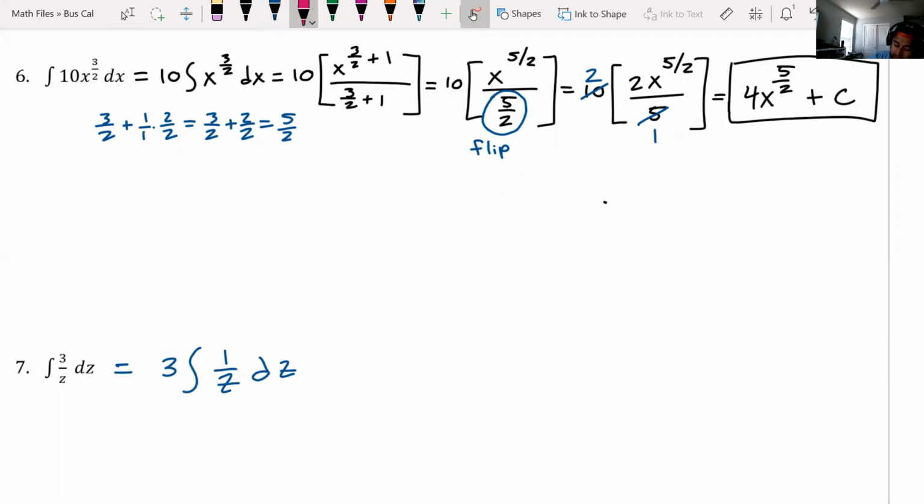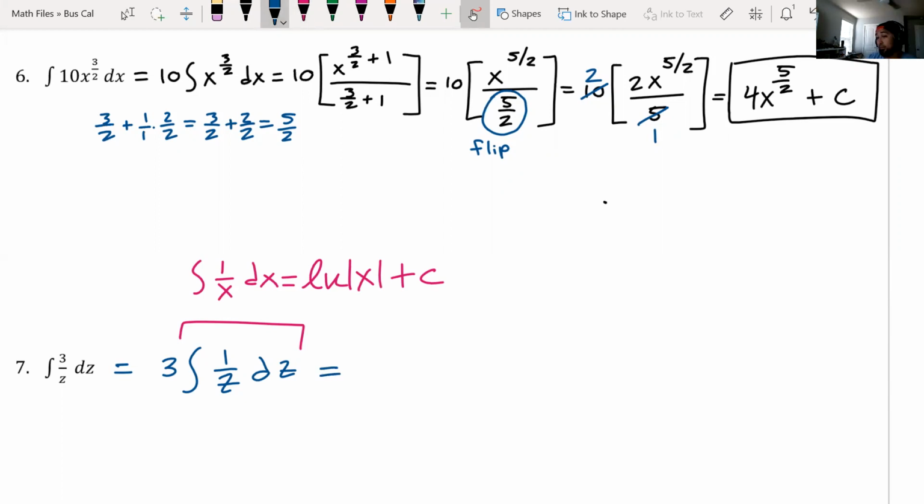Now this, I believe, is going to use rule 3, which is the integral of 1 over x dx equals the natural log of the absolute value of x plus c, because this shares the same format. 1 over x, 1 over z, they're the same, just different variables. So this means our work is easy. The integral of 1 over z dz becomes the antiderivative of 3 times the natural log of the absolute value of z plus c. That's it.